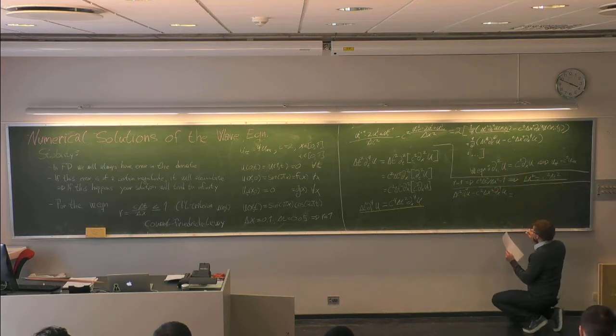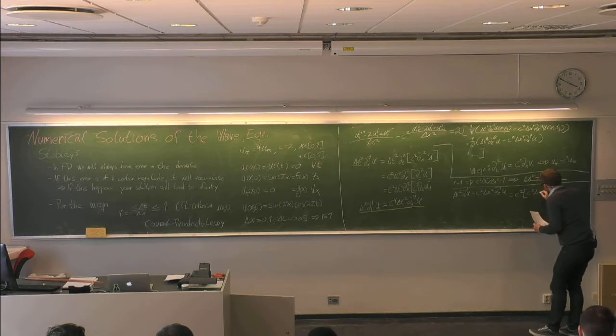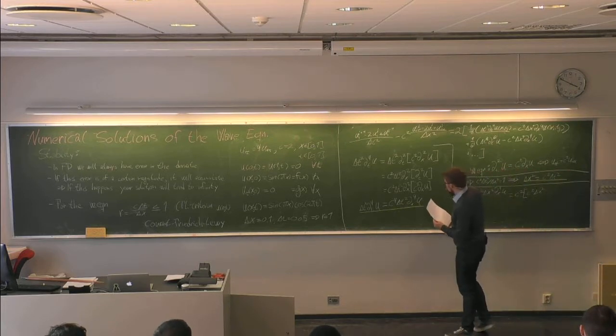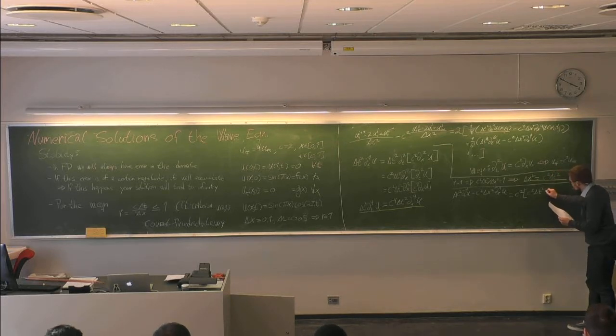This thing is equal to, well, if we take this one outside, we will get c squared delta t minus delta x squared dx.